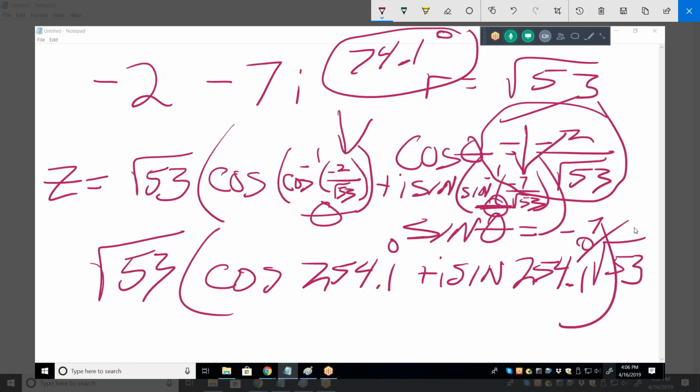Have you had de Moivre's theorem? Yes, sir. I think so. That's another thing. Just follow the formulas and plug it in. And that allows you to do some really interesting things, like find the 8 roots of the number 1.